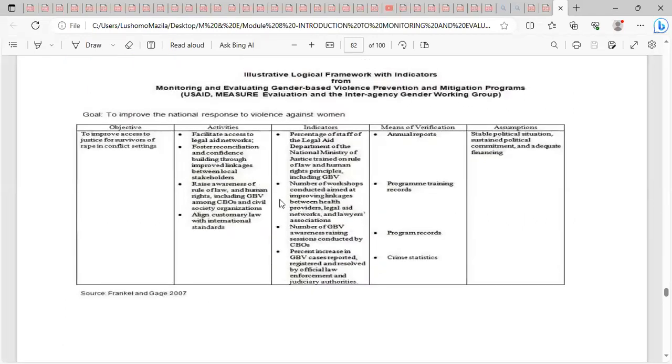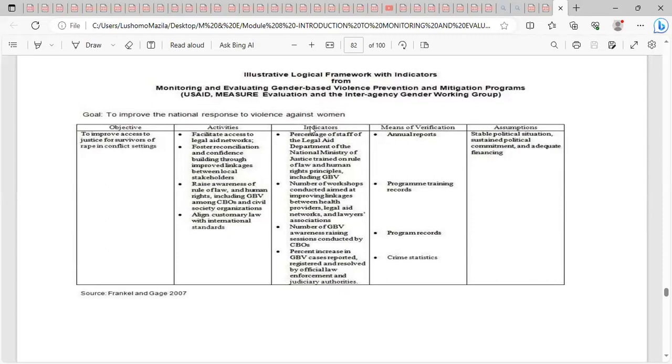This is an example of an indicator reference sheet, where it shows the objective and the activities. From activities, you have output indicators or activity indicators. You would look at the number of activities performed.